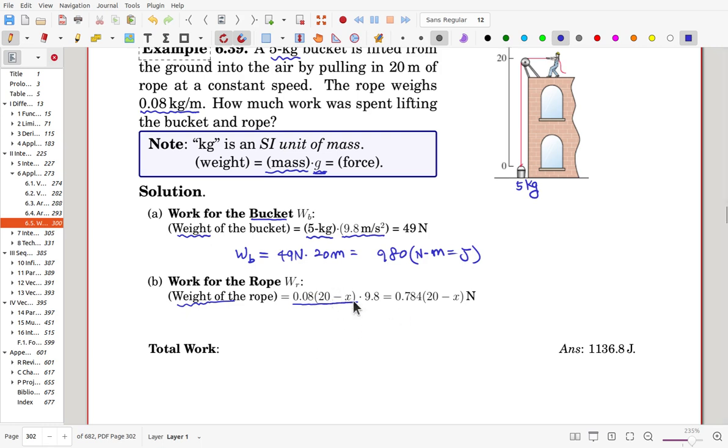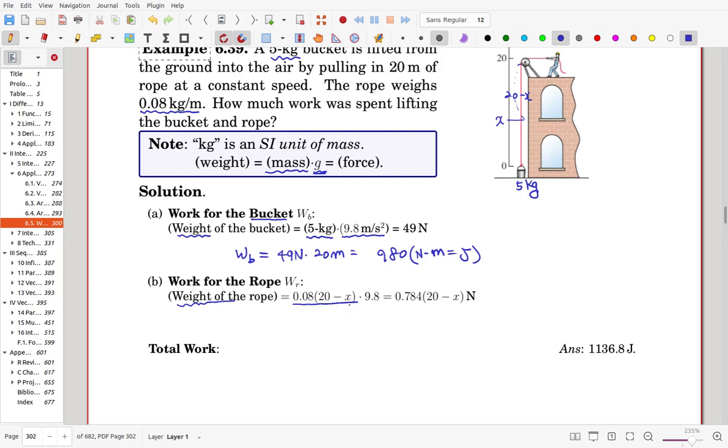The reason we are multiplying this one is that in the beginning the length will be 20, but once it's lifted, so that once reach at x position, then the remaining length will be here 20 minus x, so that here the mass of this rope will be here 0.08 times 20 minus x, right?